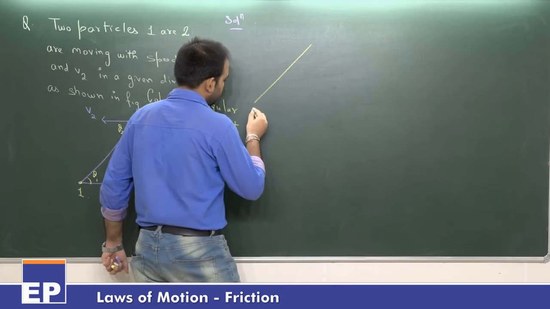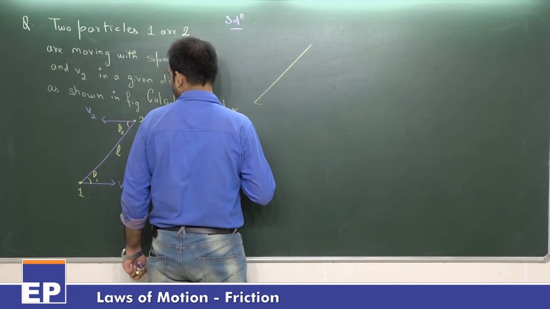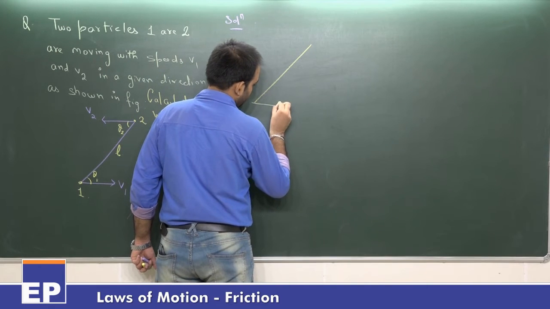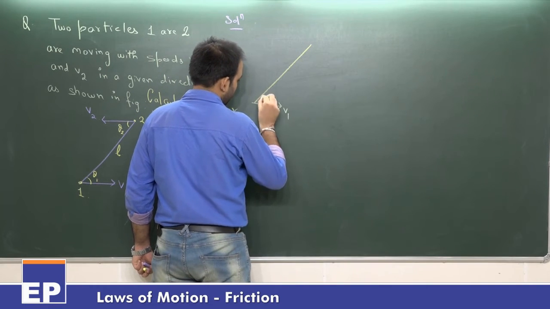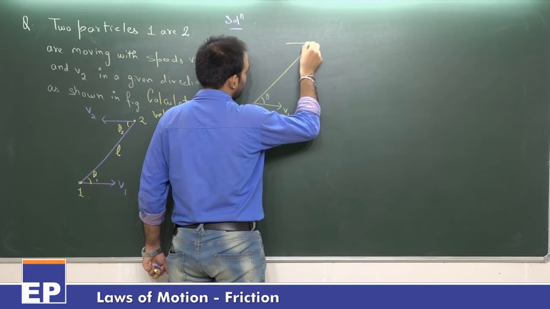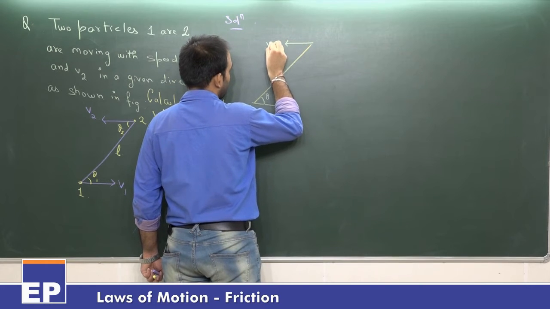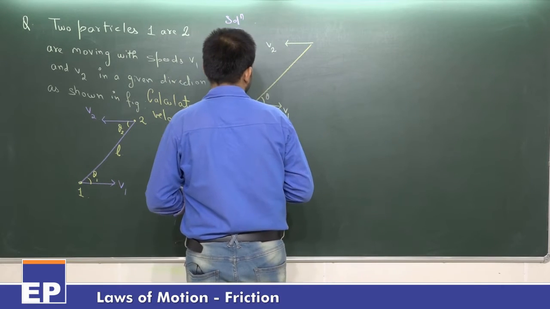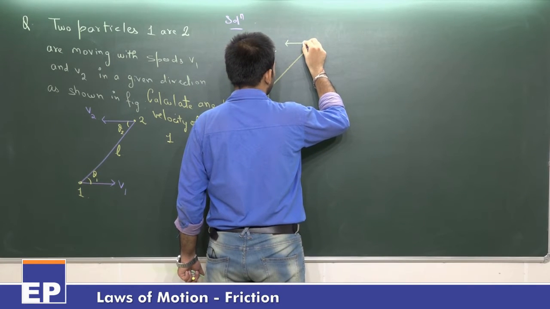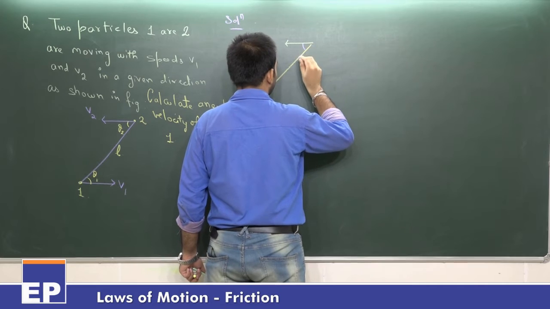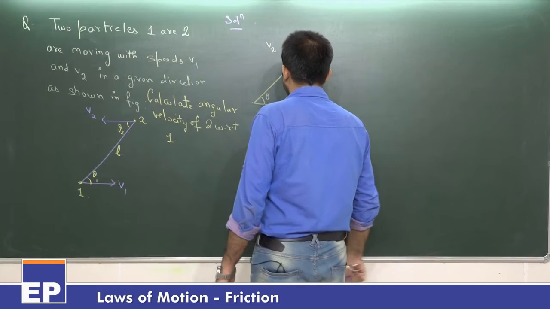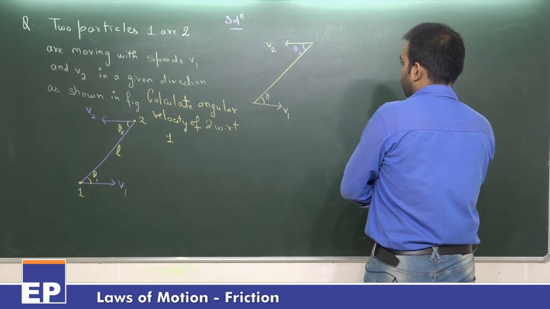So it is moving with v1, and it is moving with v2, at angle theta 2. So calculate the velocity of 2 with respect to 1 first of all.